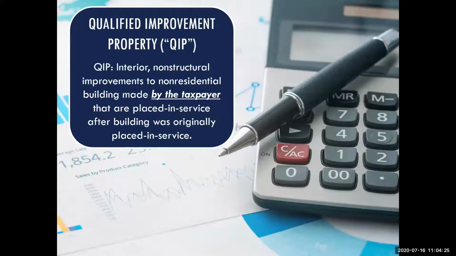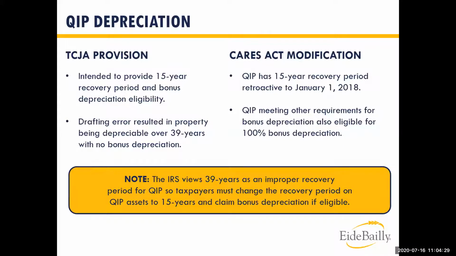Now, on the next slide, we'll see that this really is a drafting error that was in the Tax Cuts and Jobs Act of 2017, and qualified improvement property that was placed in service after December 31st, 2017 was treated as depreciable over a 39-year life without bonus depreciation.